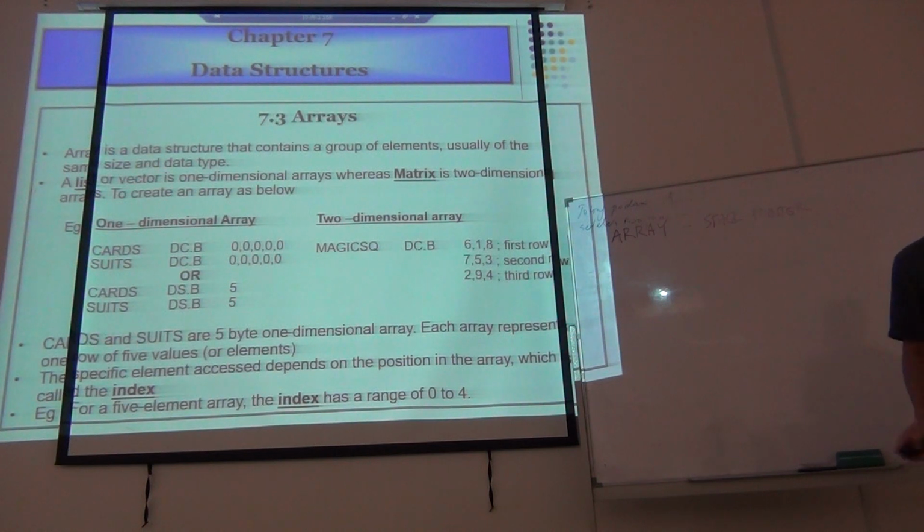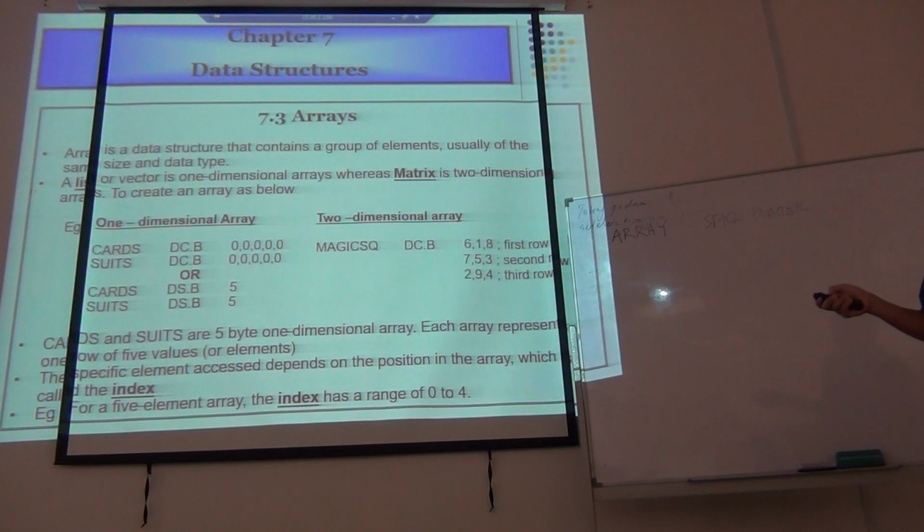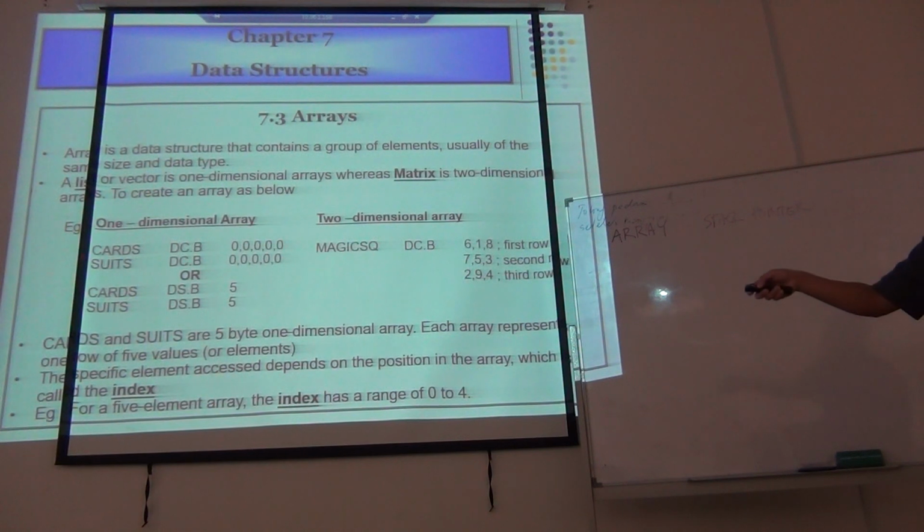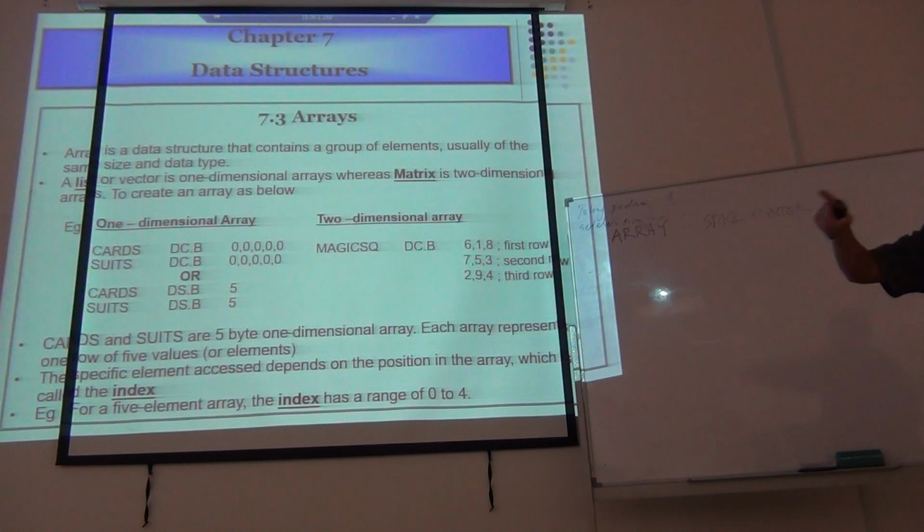Over here, there are two types of array. The first one is the one-dimensional array. The other one is the two-dimensional array. The difference is very simple. A one-dimensional array only has one row, a single row.